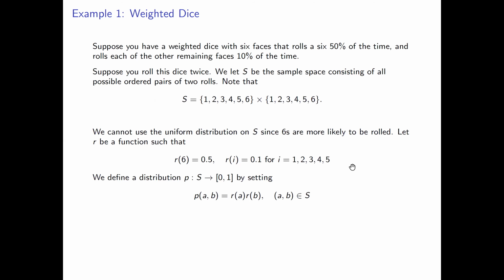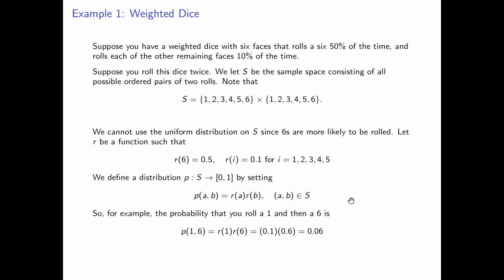Now I'm going to define a probability distribution on the full set S of all events involving 2 rolls. If I have any ordered pair where a is the first roll and b is the second roll, then the probability of that pair is R of a times R of b: the probability of rolling an a multiplied by the probability of rolling a b.